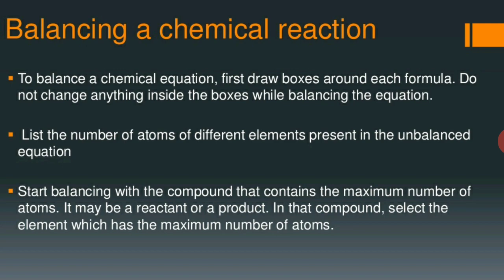You have to list out the elements. How many hydrogen atoms are there? How many oxygen atoms are there on LHS and RHS? We have to list the elements first of all. Later, we have to start the balancing with a compound that contains the maximum number of atoms. It can be a reactant or product.